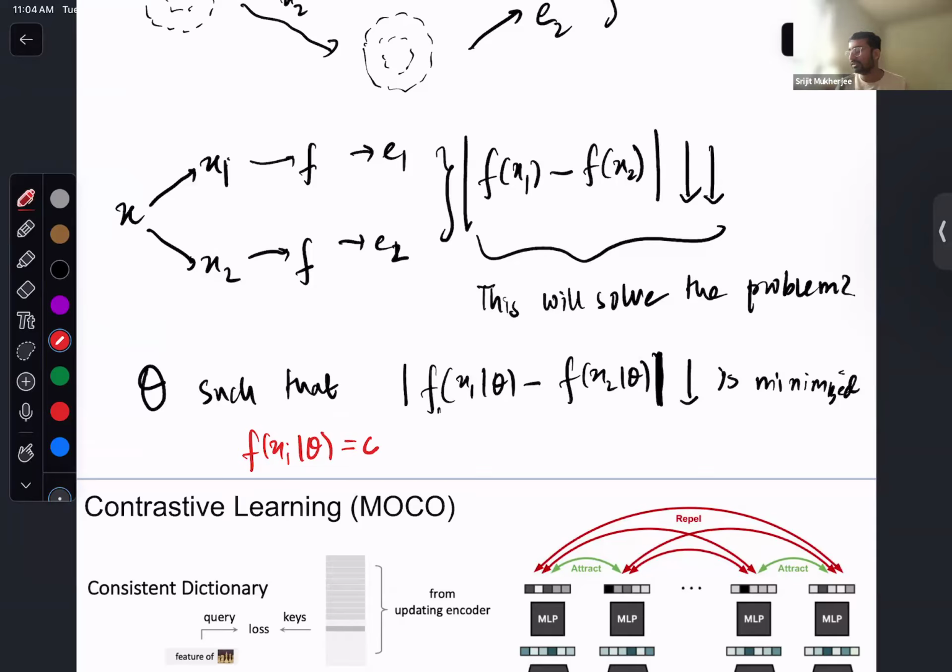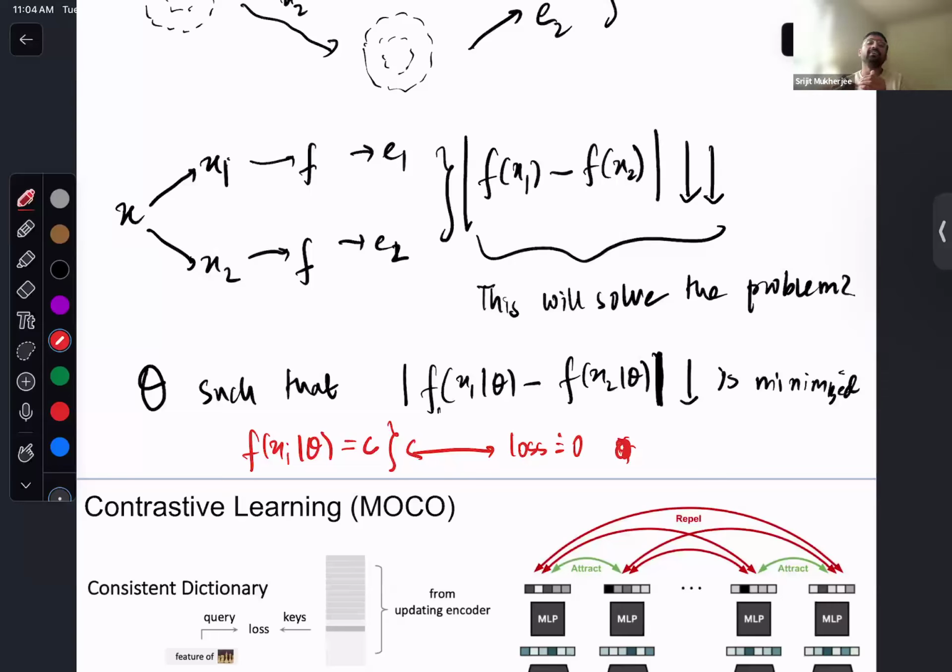I am not going into details of it. That will just confuse. But the simple idea is that this loss is minimized, loss is 0, if all of them are constant. Everything is constant. So we need a different mechanism to remove that constant.